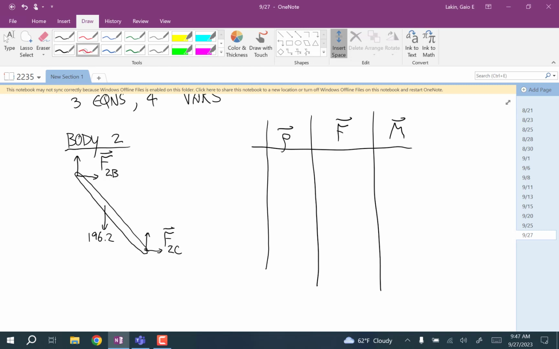Let's see, I guess I'll choose this as the about point up at the top. So the force F2B has a row vector of 0, force vector of F2BX, F2BY, and the cross product is 0.